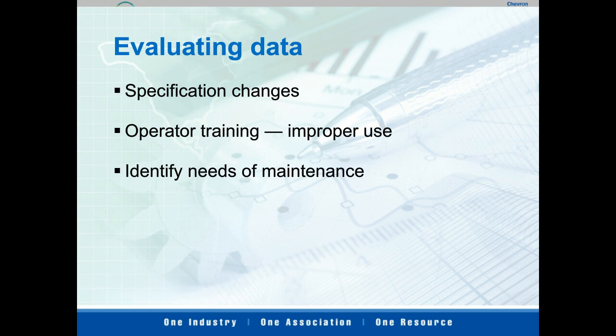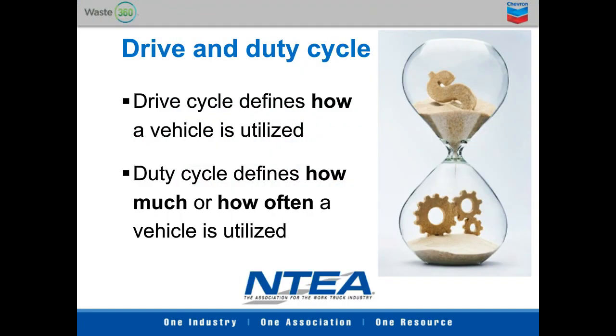One of the most important things to understand is drive and duty cycle. Drive cycle defines how a vehicle is utilized, whereas a duty cycle defines how much or how often a vehicle is utilized.